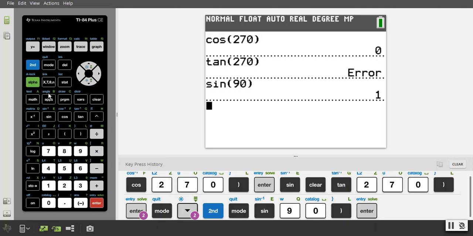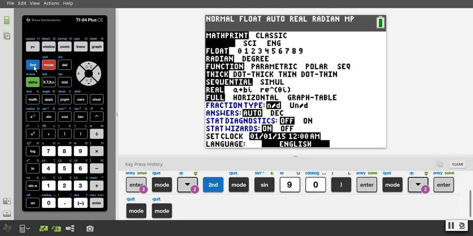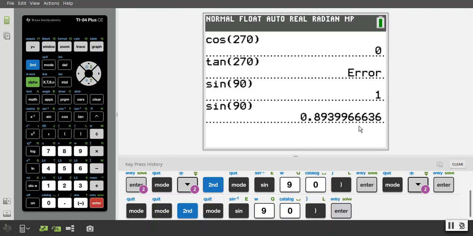This kind of happens because you borrow someone's calculator. So if you typed in sine of 90 and it doesn't give 1, this automatically lets me know that it's in the wrong mode, that it's not in degree mode.